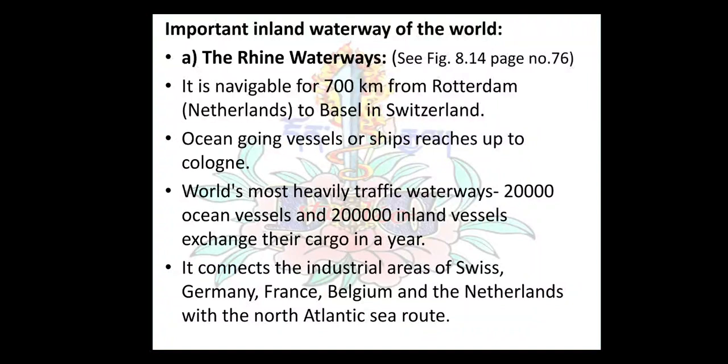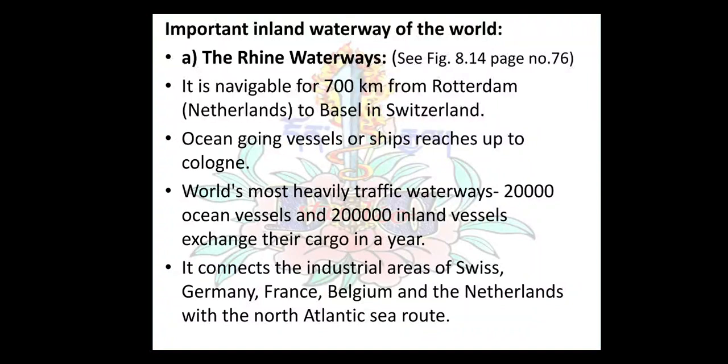We have 2 types of ships or vessels: ocean going vessels and inland vessels. Generally ocean going vessels are much bigger than inland vessels. Because of that, the big ships can reach only up to Cologne, not up to Basel.